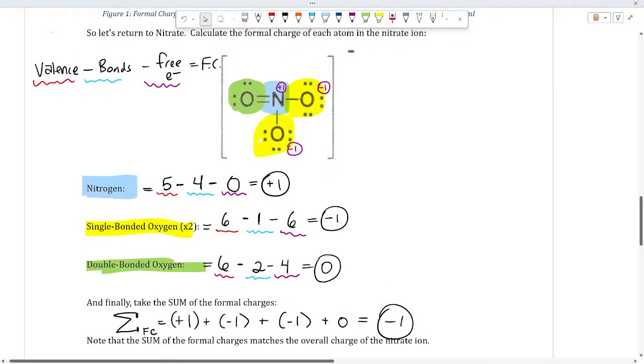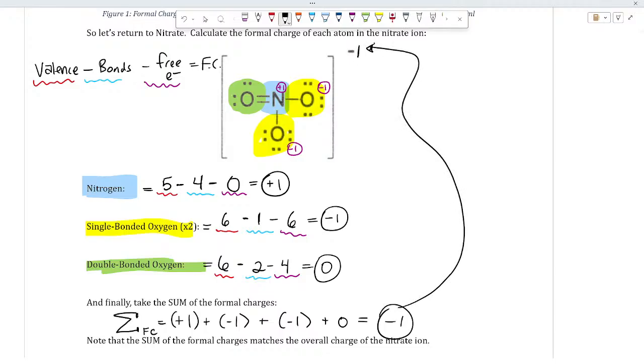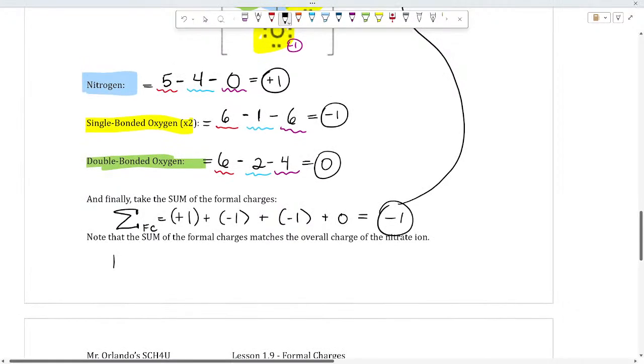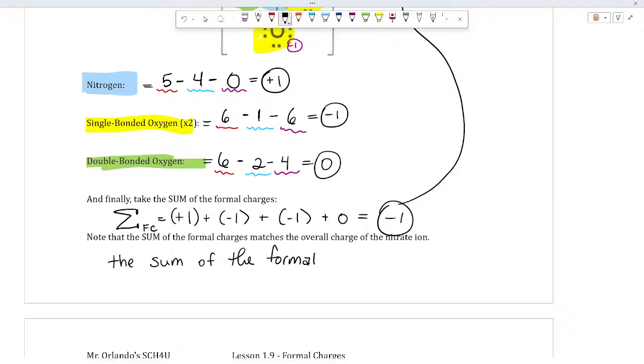And noteworthily, the negative 1 charge that you get when you add all the formal charges up matches the overall charge of the ion. So, the sum of the formal charges, let me never be accused of not repeating myself, equals the overall charge of the atom or ion, or the molecular ion, rather.